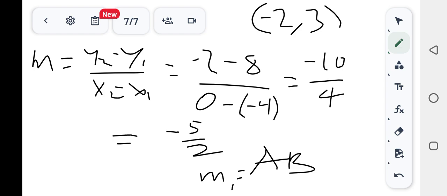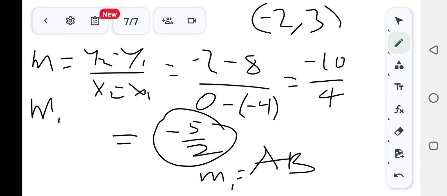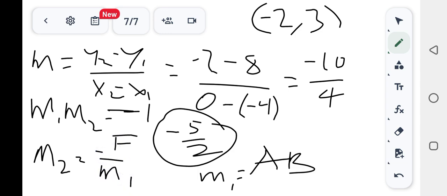Now line AB is perpendicular to the bisector, so the gradient of the bisector is the negative reciprocal of the gradient of AB. We say m1 times m2 should give us -1. So if you are looking for the gradient of the second, perpendicular line, it becomes -1 over the gradient of the first line.